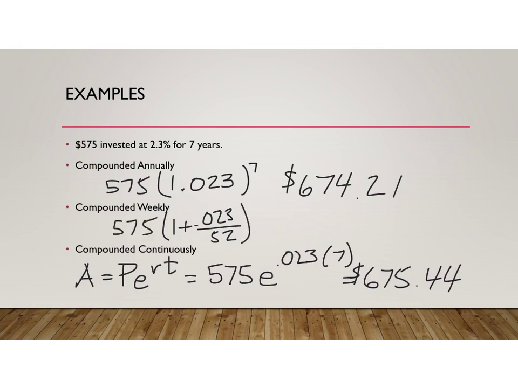Our power is going to be 52 times 7, which is 364. And this should give us something between those last two values. It ends up being $675.42.